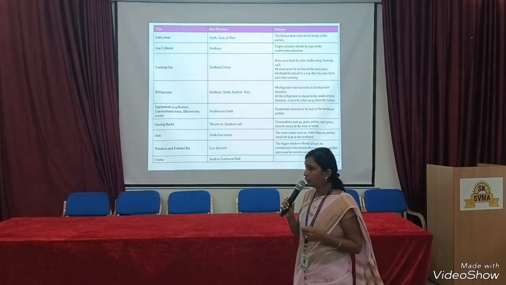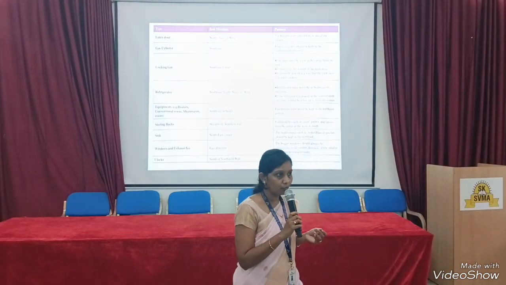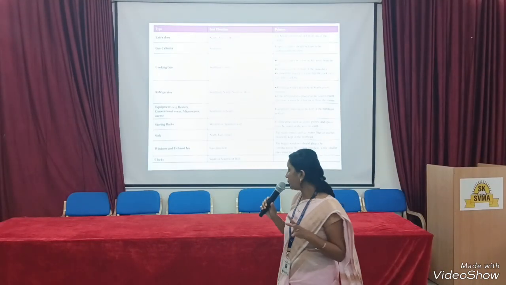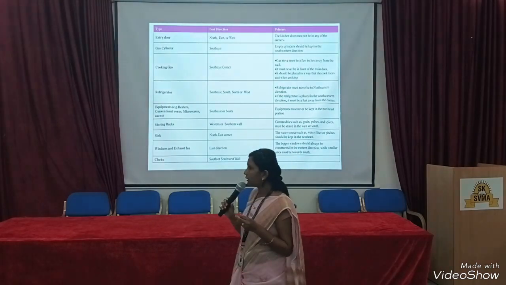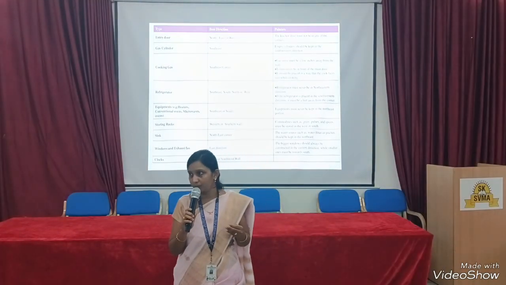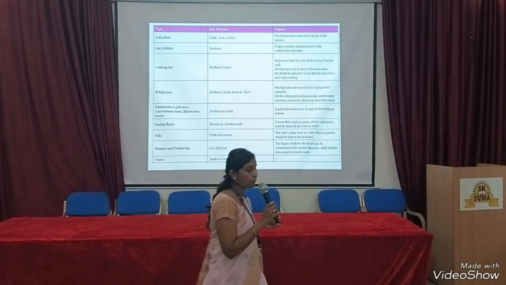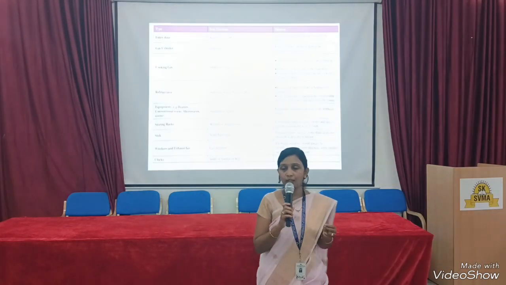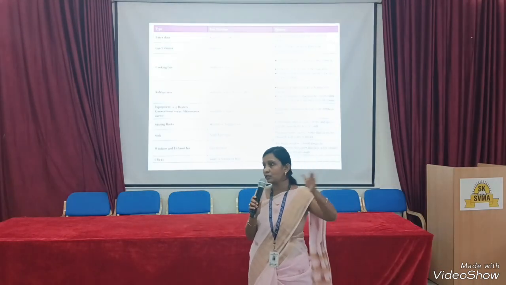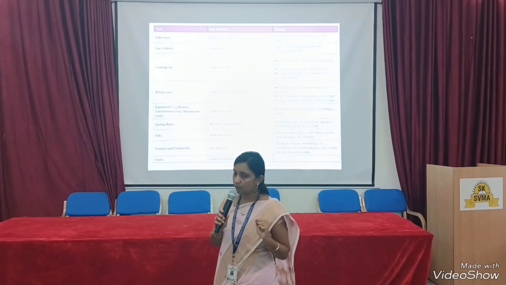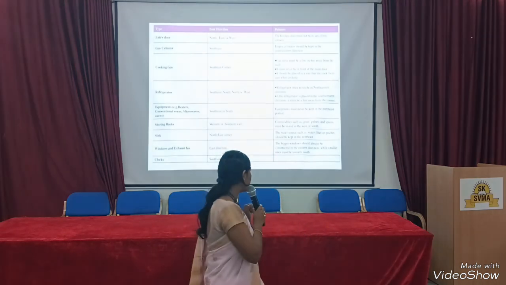Clocks in your home, if clocks are there, you always need to place them in the south or southwest direction. Clocks should be placed on the south or southwest wall, and facing which side? It is always facing towards north.